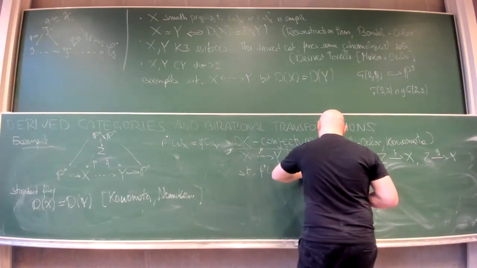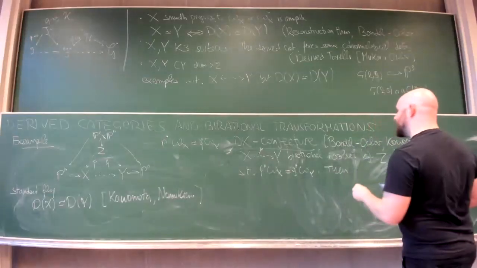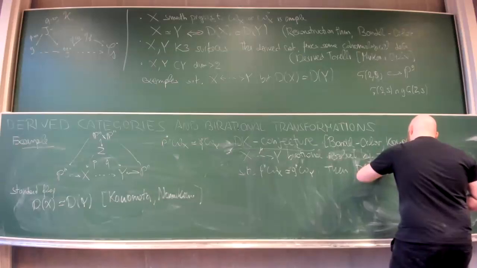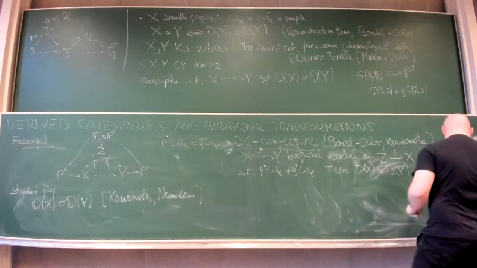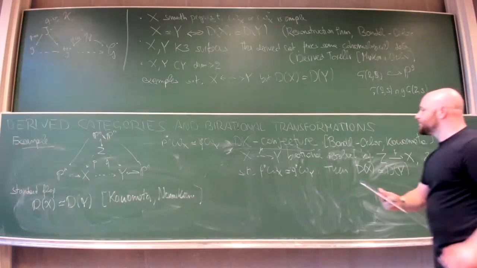F pullback omega X is isomorphic to G pullback omega Y. Then this conjecture says that the derived category of X is equivalent to the derived category of Y.